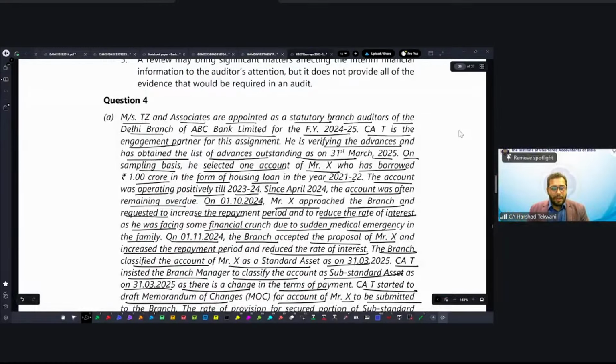If it is a farm credit, housing loan, small and micro enterprise loan, 0.25 percentage. For commercial real estate, 1%. Commercial real estate residential housing, 0.75%. For restructuring, it's 5%.